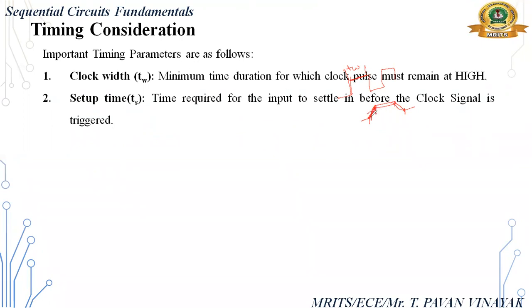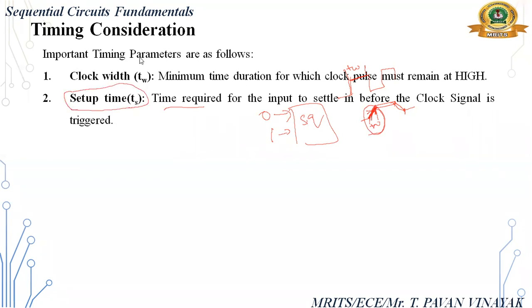So this is the time, and in between this time, inputs will be settled. Means input doesn't change. We have to fix inputs to the sequential circuit. That time is called setup time.